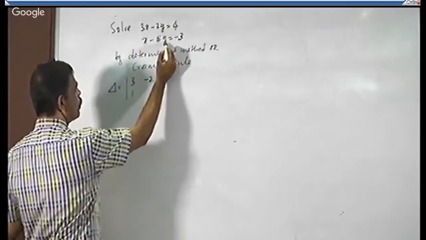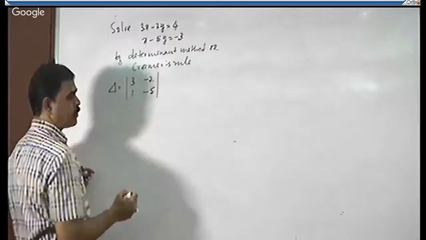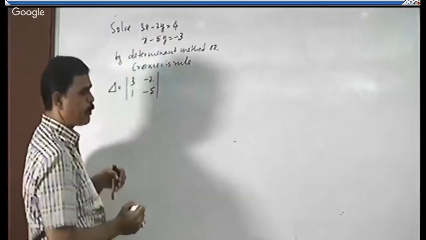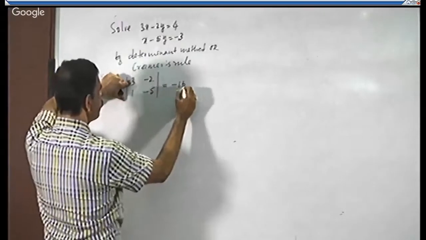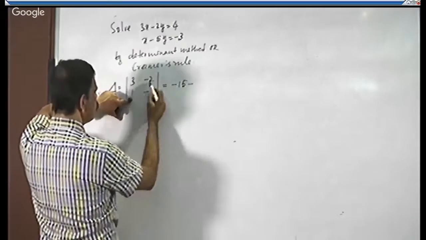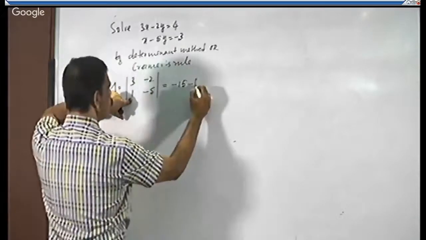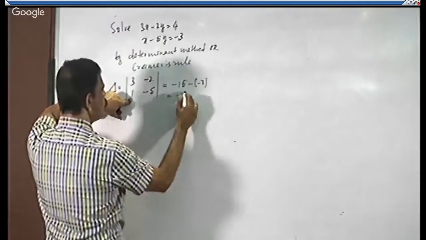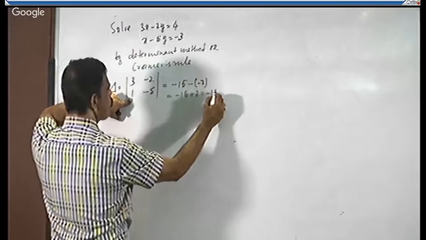Here the y coefficient is what? Minus 5. We got a second order determinant. Expand it. 3 into minus 5 is minus 15. Formula minus, the product of these two, 1 into minus 2, is minus 2. Minus 15, minus into minus is plus 2, it is equal to minus 13.